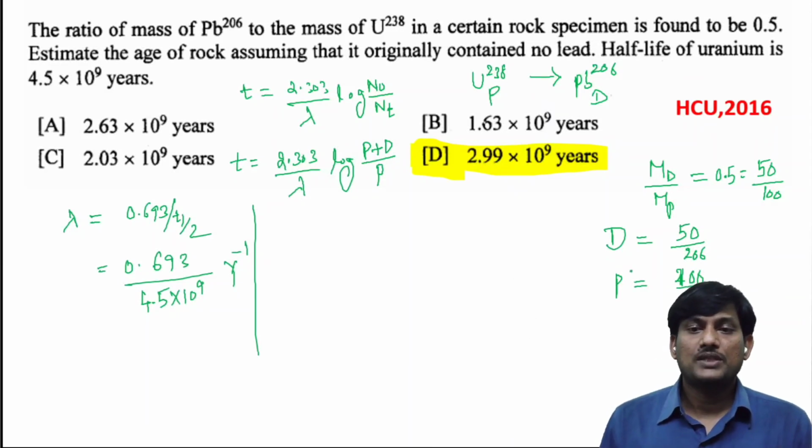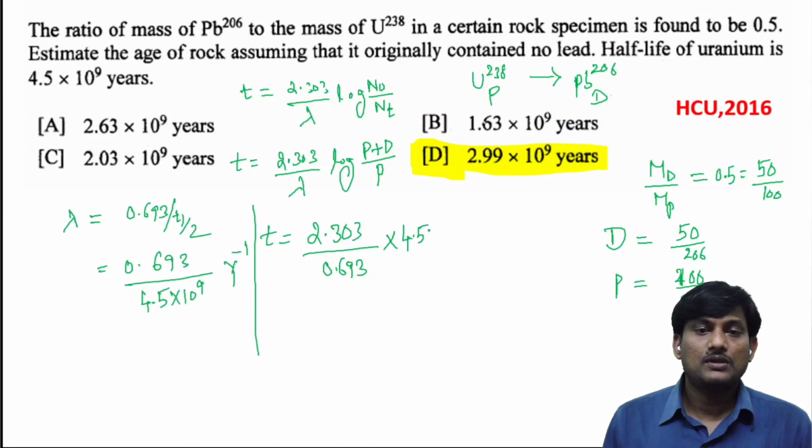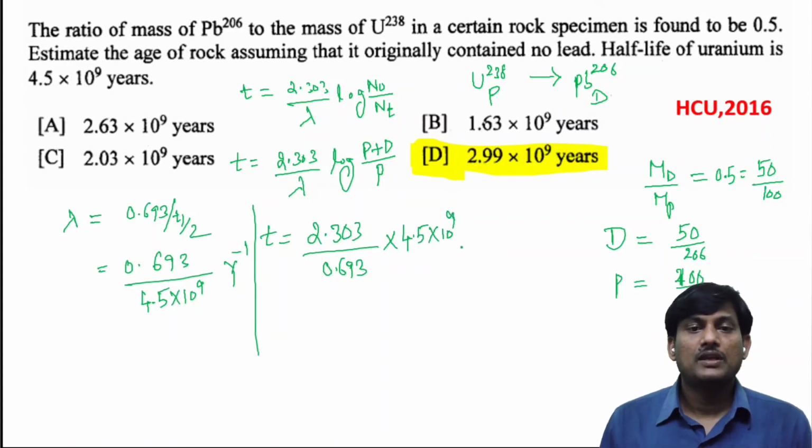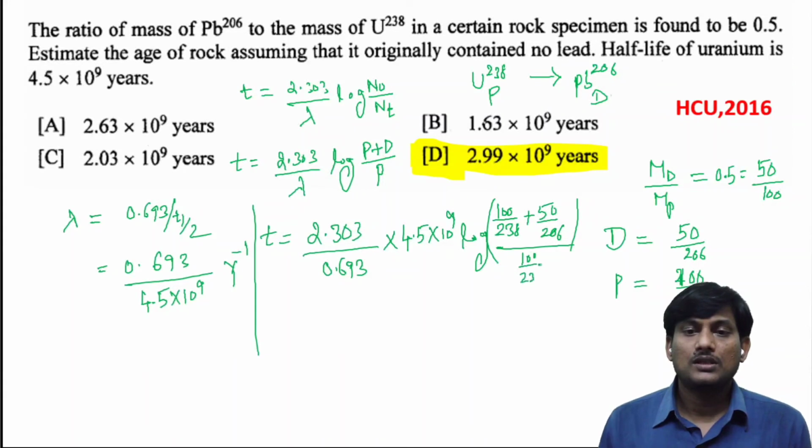So when you incorporate these values in this equation, you will get 2.303 by lambda, 0.693 divided by 4.5 × 10^9, log of P + D, this one 100 by 238 plus 50 by 206, divided by parent, so 100 by 238.